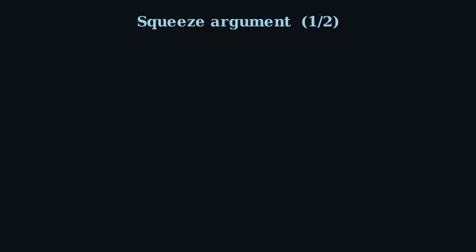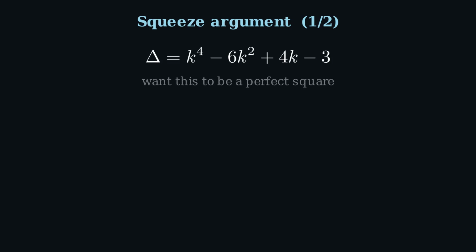So we'll take that to the next page. And we'll do some nice easy tricks here by squeezing it between some perfect squares. So I'll write that up again. We have k to the 4th minus 6k squared plus 4k minus 3, and this we want to be a perfect square. We'll just call that our delta.